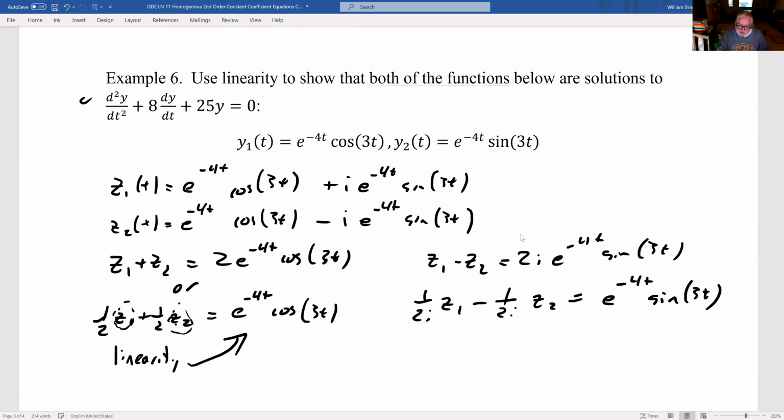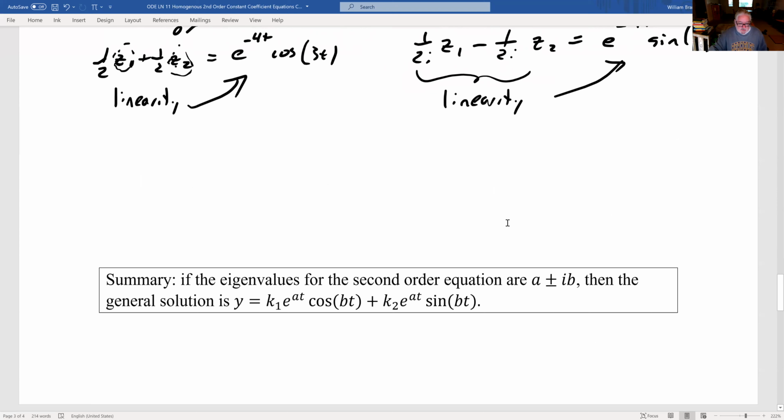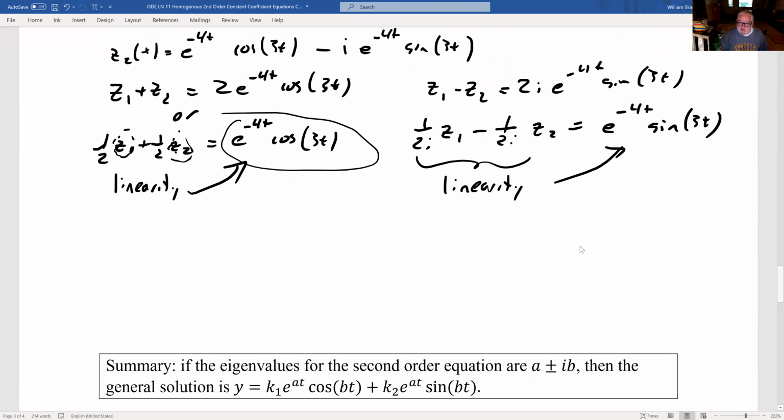And again, linearity tells me that if I take two solutions, multiply them by constants, and then add or subtract them, I get another solution. So those two things are solutions. So the general solution is going to use these two, e to the minus 4t cosine 3t and e to the minus 4t sine 3t, as our basic solutions.